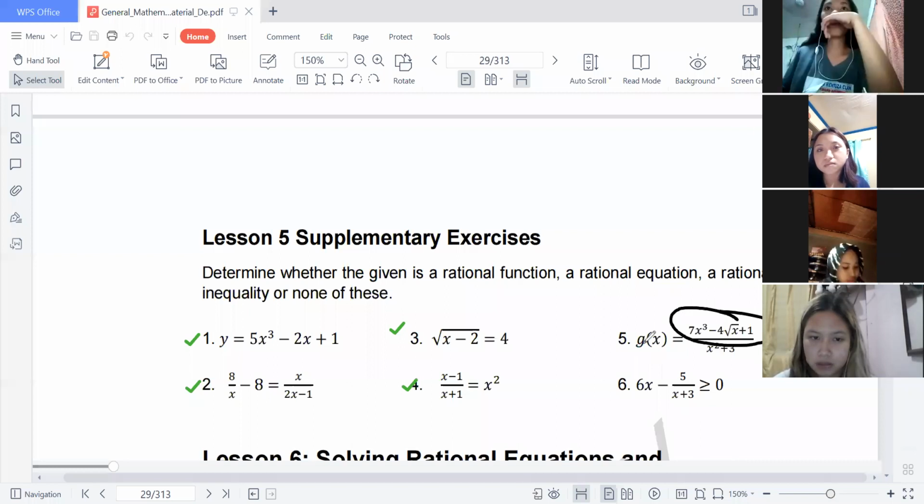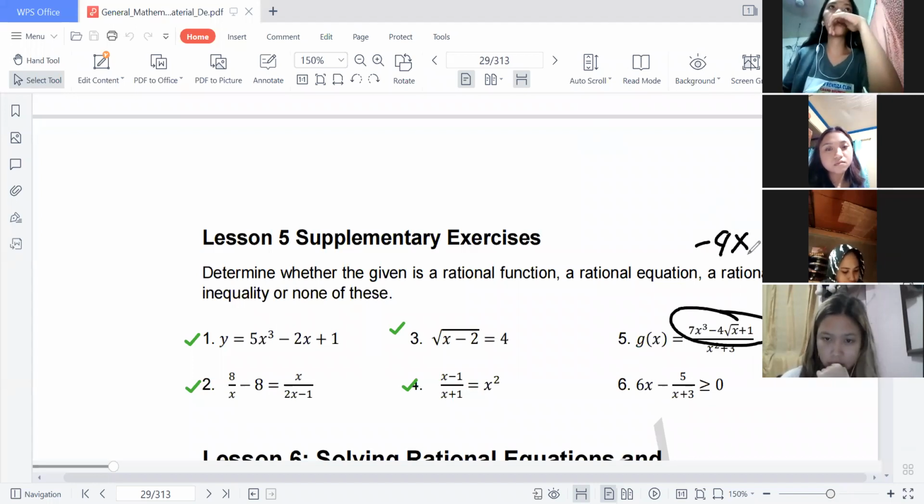It is not a polynomial. At first, this one, the negative 4x, can be written as raised to the power of 1/2. Right? So the exponent should be a whole number.